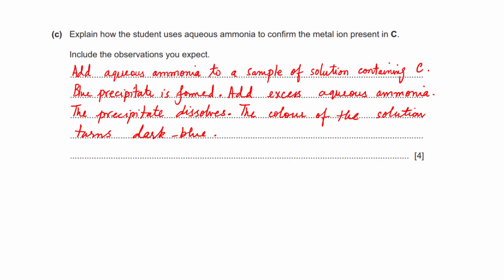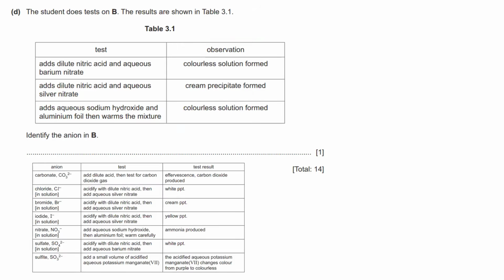So moving ahead, part D is the last part of this question. It says the student does tests on B, and the results are shown. The student adds dilute nitric acid and aqueous barium nitrate, giving a colorless solution.